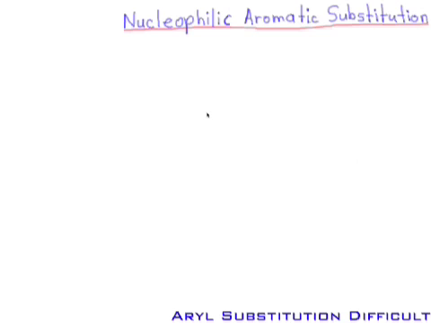We're going to begin by comparing aryl halides to what we learned about regarding alkyl halides. If you remember, alkyl halides were observed to readily undergo nucleophilic substitution reactions. These were typically caused by the polarity of the carbon-halogen bond.